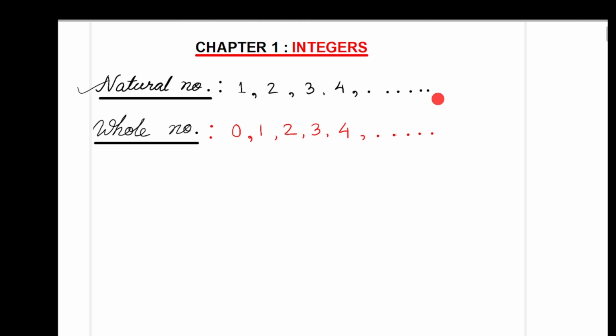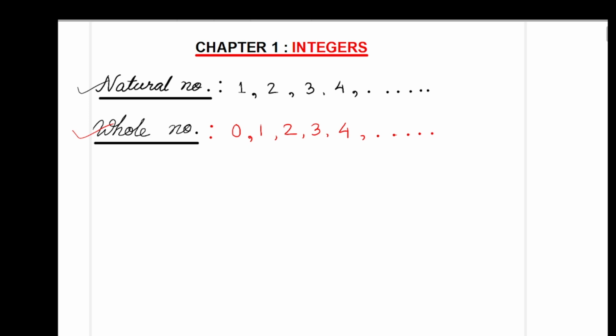That means we have to continue; natural numbers will not stop. So for a whole number, with the natural numbers we just add 0. No need to do the plus, only including. When 0 is included with this family, we say it is a whole number.